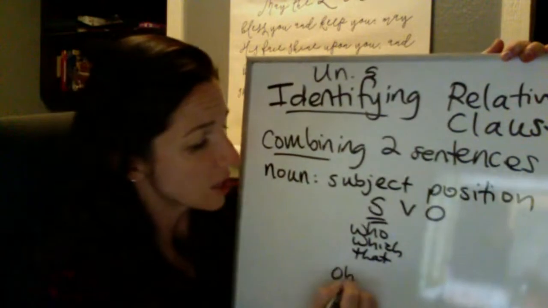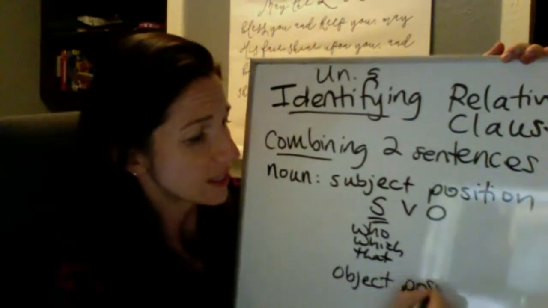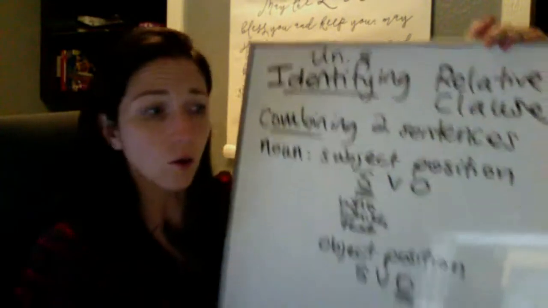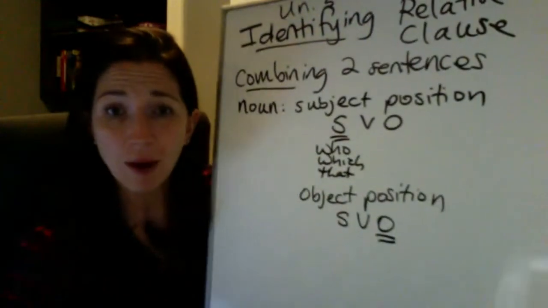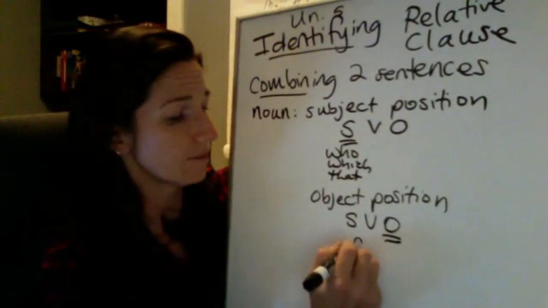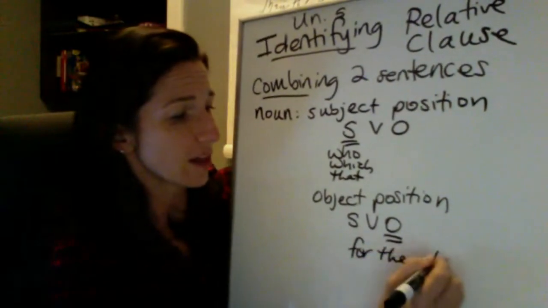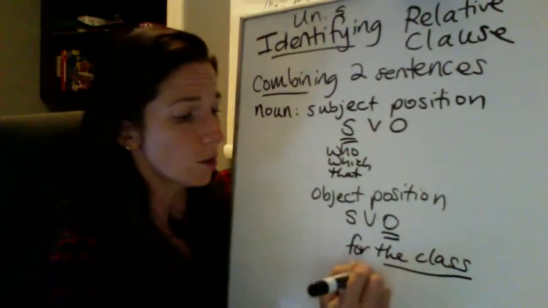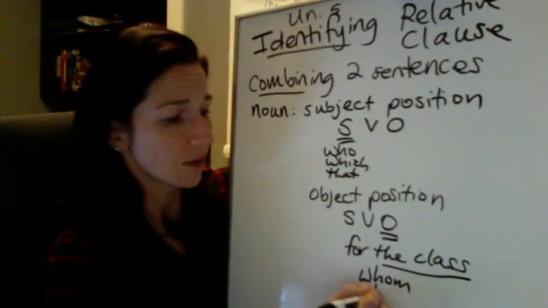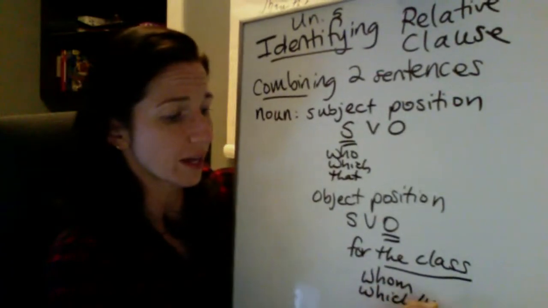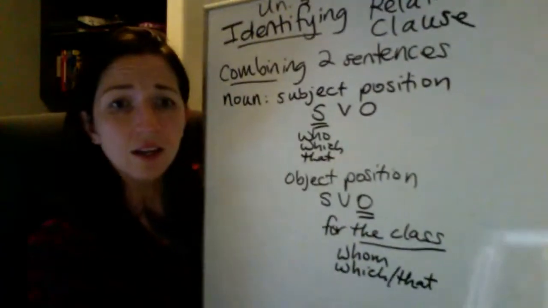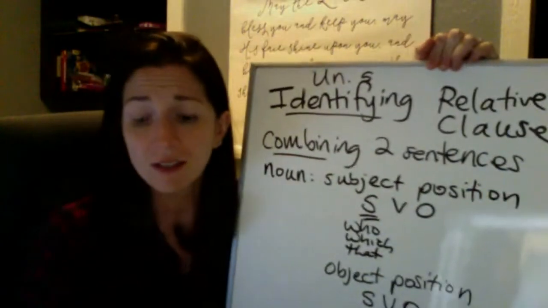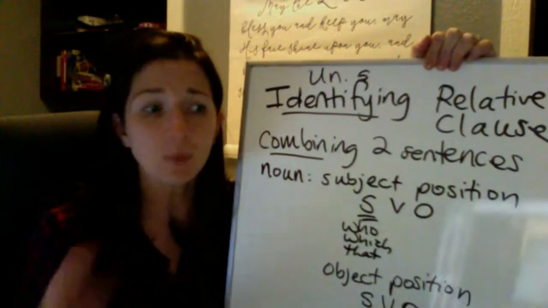If it's in the object position, which means it comes after the verb, or if it is the object of a preposition, then we use whom, or which, or that. So the object and subject position does make a difference at times, especially with who and whom.